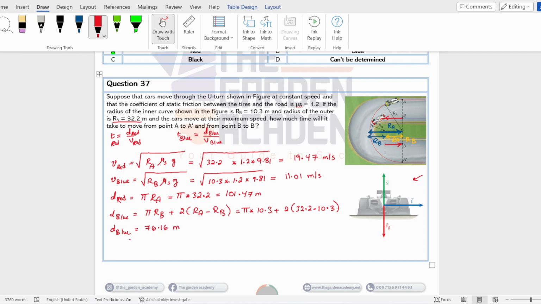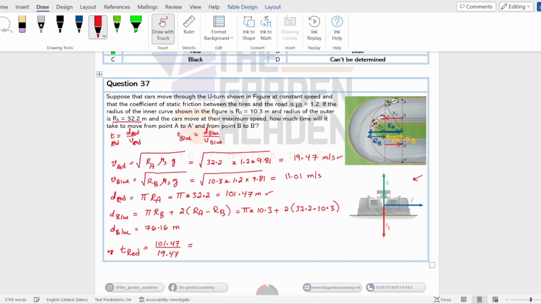Now we go back to the main equation to find the time. First of all, let's start with the first one. T red is equal to D red, which we found to be 101.47, divided by V red, which is equal to 19.47. So this is the value that we have just substituted.